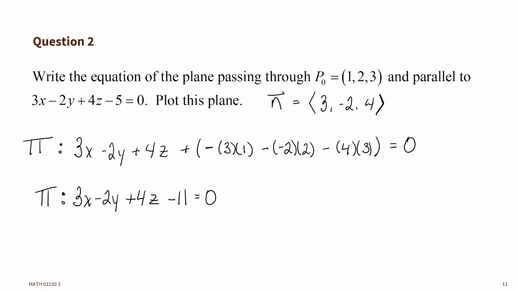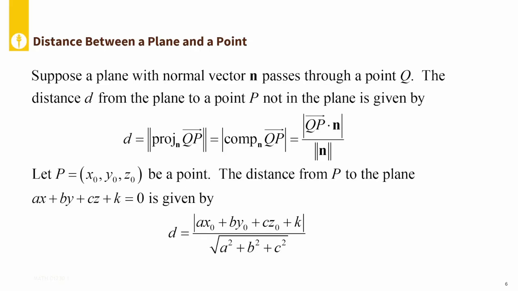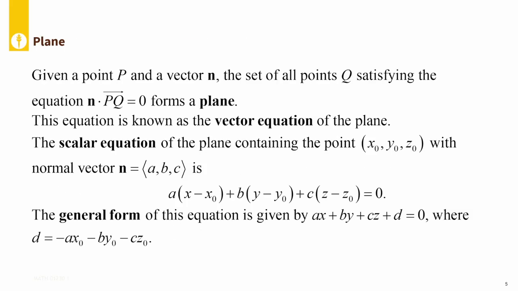Wait, why does it have to be put this way? That's the general form of a plane: Ax plus By plus Cz plus D equals 0. Remember that?